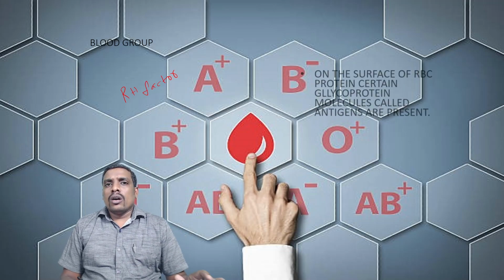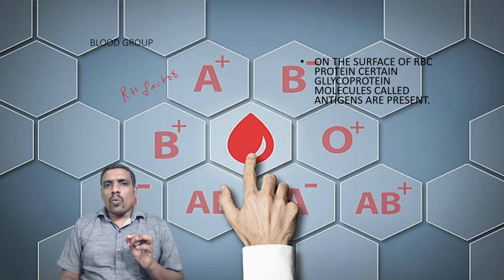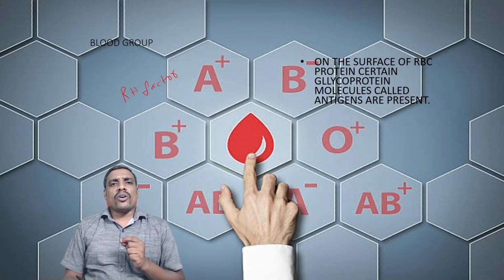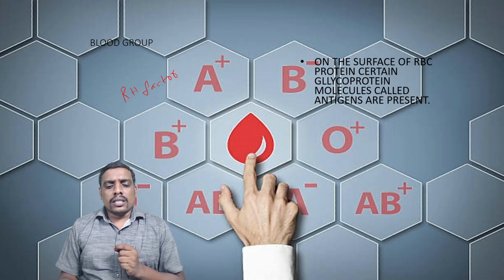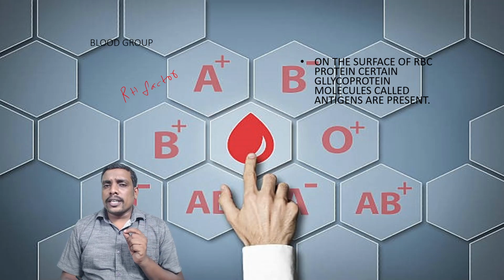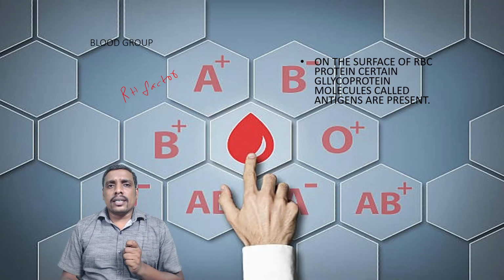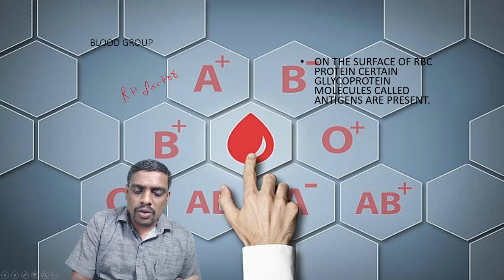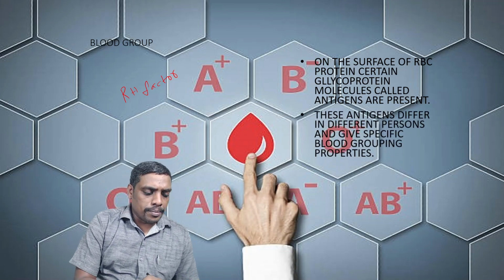Now, let us see what the various blood groups are. There are various blood groups found, and you have to learn one interesting point. On the RBC, there is a glycoprotein present, which is called the antigen.